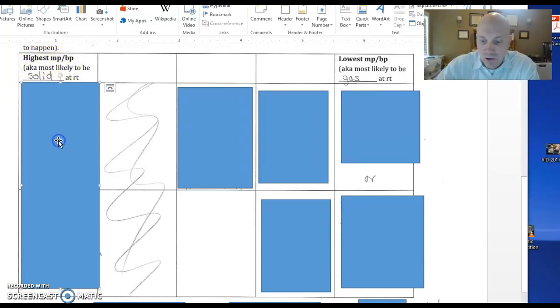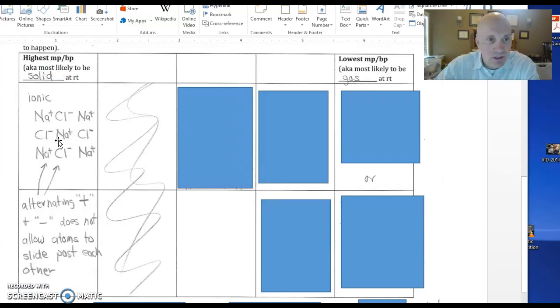All right, so what types of things would we expect to see there? What we've talked about this year, the things that would be the highest would be ionic compounds. Remember, in an ionic compound, you have this alternating arrangement of cations and anions. This would be like the arrangement of sodium and chlorine atoms in a crystal of salt.